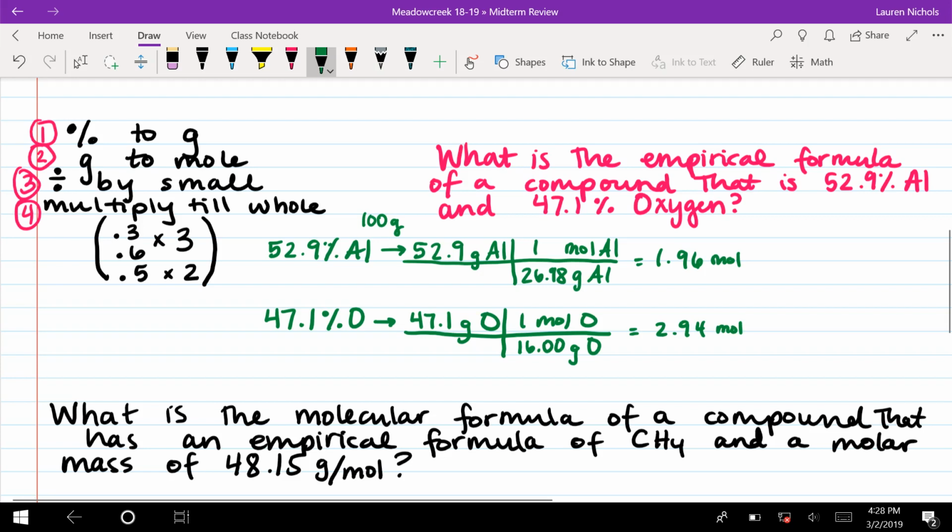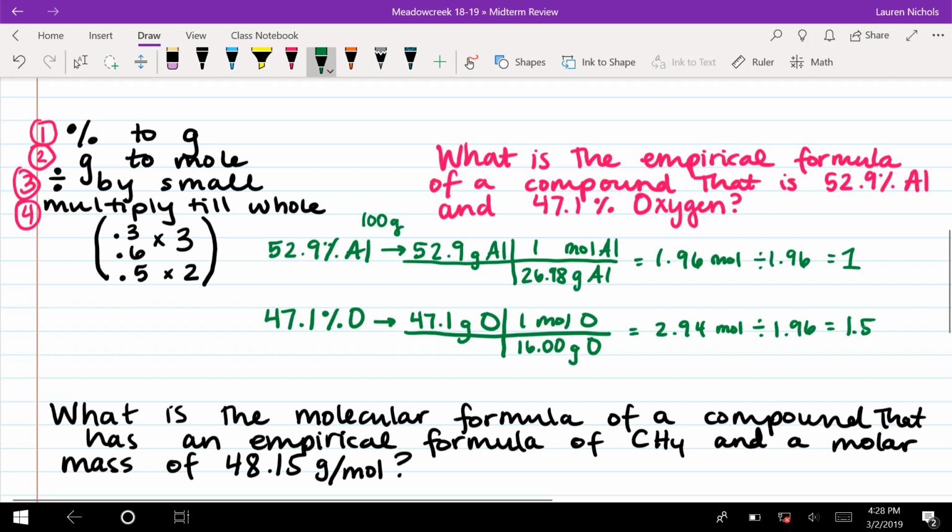Then we go to the next step, divide by small. That means we choose the smallest of our answers, 1.96 and 2.94. The smallest is 1.96, and we divide both by 1.96. This gives us 1, and this gives us 1.5.